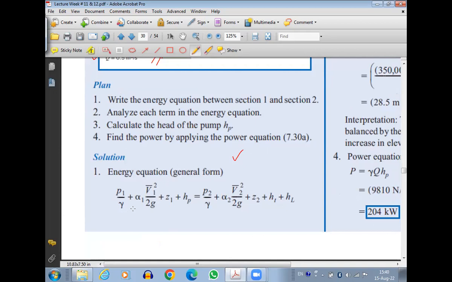It will be P1 upon gamma plus alpha 1 V1 square upon 2g plus Z1 plus HP, equals P2 upon gamma plus alpha 2 V2 square upon 2g plus Z2 plus HT plus HL. I told you that this formula will be provided to you in the exam. Now, first of all, whatever was given in the question, we can start substituting into this formula.